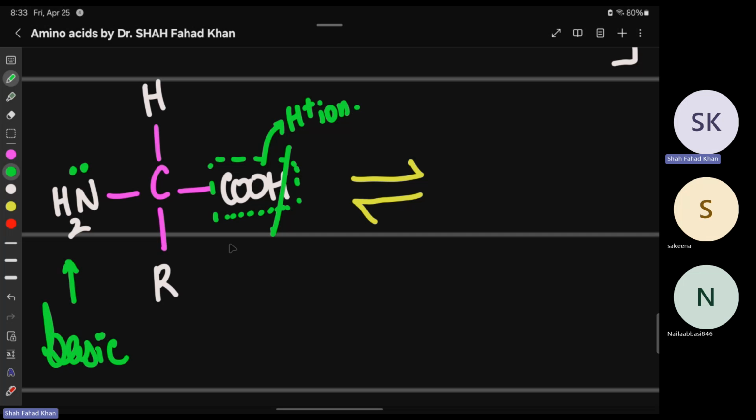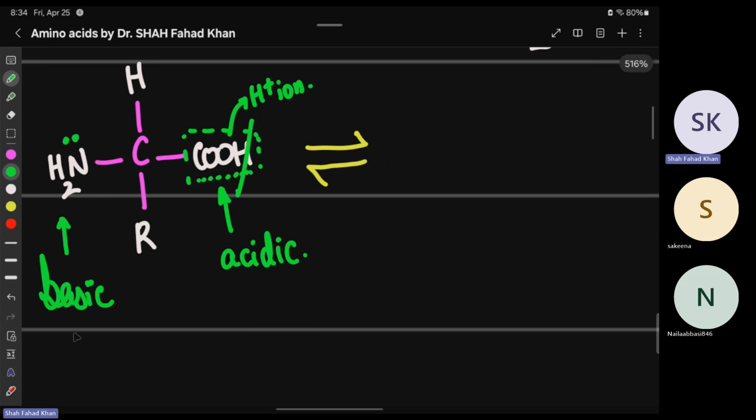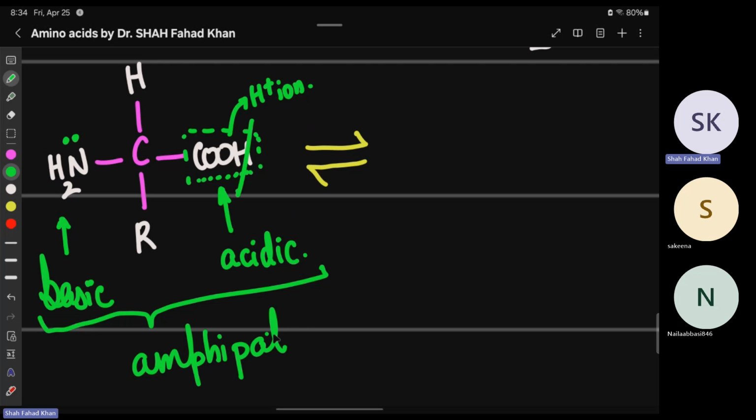Because amino acids contain both acidic as well as basic groups, we give them a special term. We refer to amino acids as being amphipathic. Does anyone know what that means? Amphi means containing dual nature.